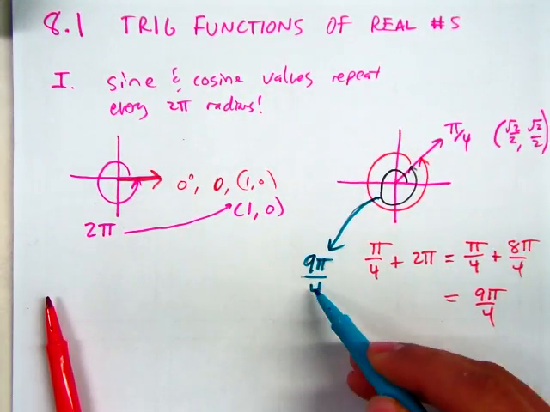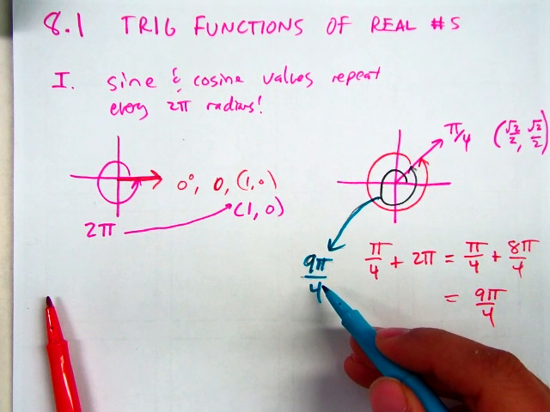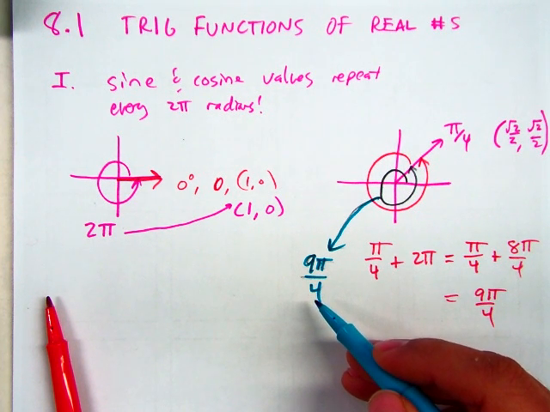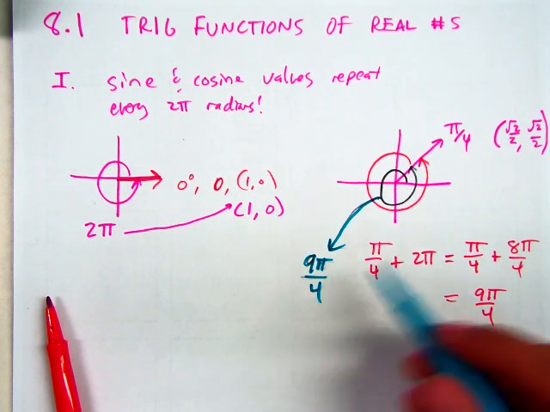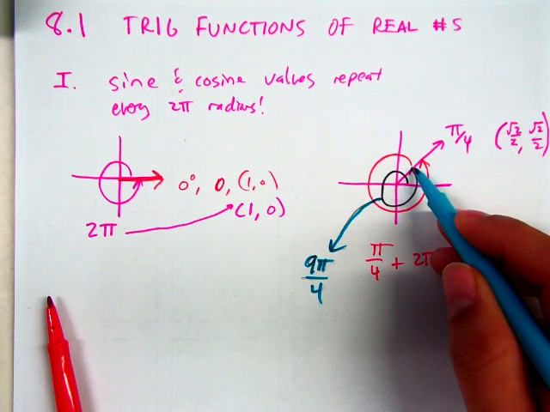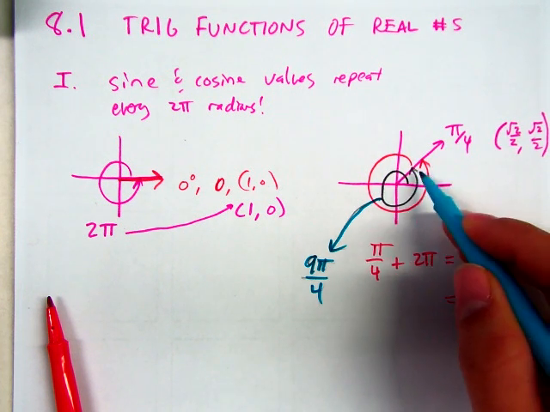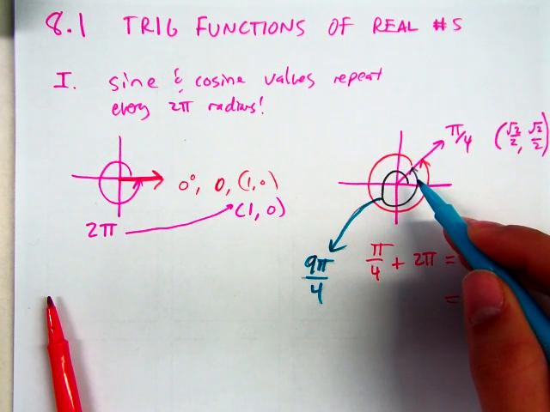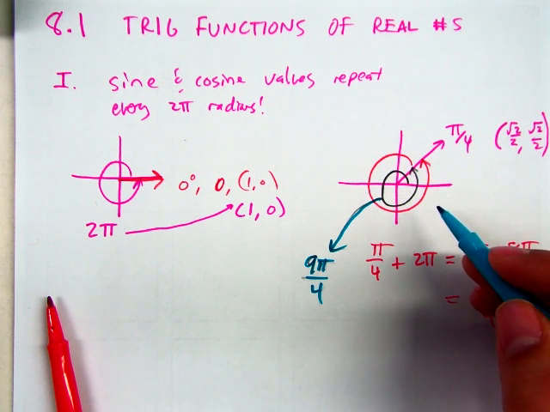That pi over 4 and 9 pi over 4, even though they're not the same angle measure, because one's clearly bigger than the other, have the exact same coordinates. Do you guys see that? But how do you know that that's where 9 pi over 4 is? Because I just started at pi over 4 and then added 2 pi, so I'm going to land in the same exact spot. Because 2 pi is just a full circle, right?